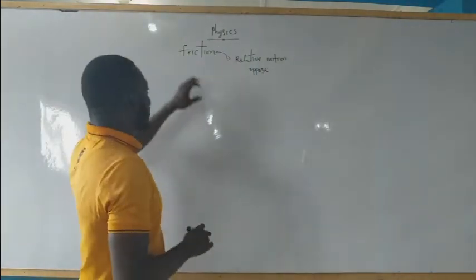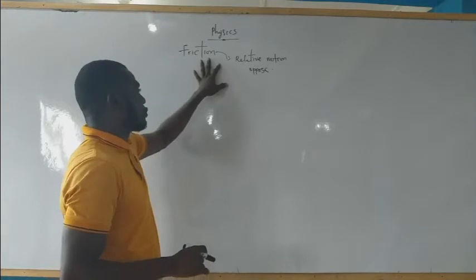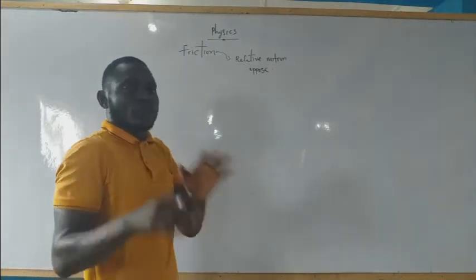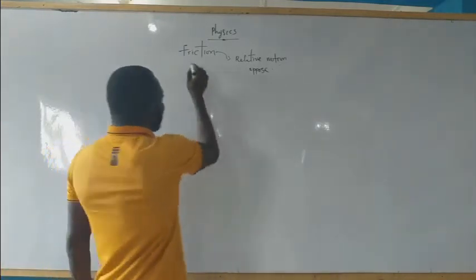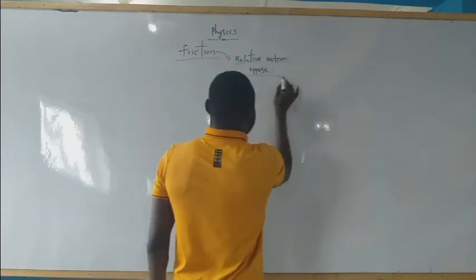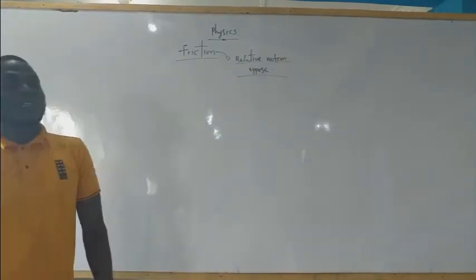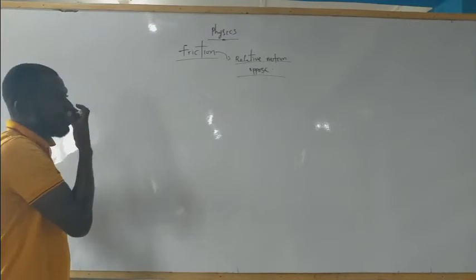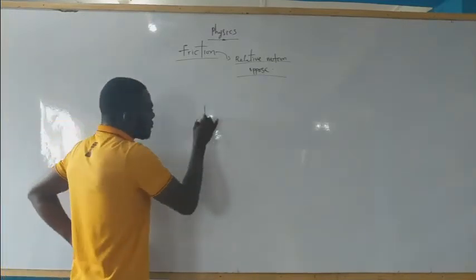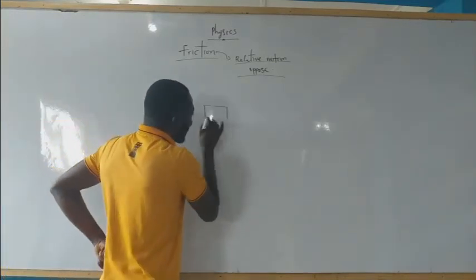That is, the function of friction is to oppose the relative motion. Relative motion oppose. Okay?